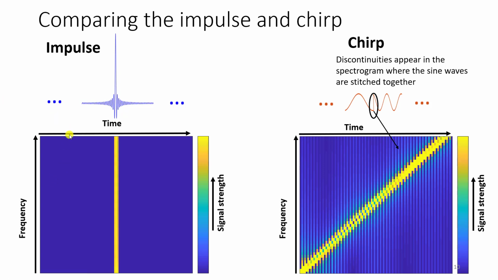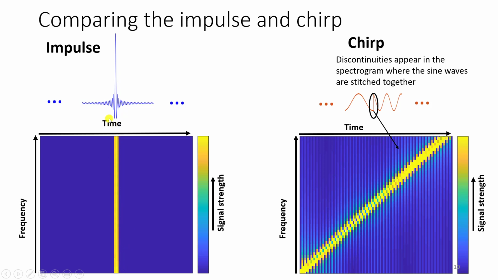For the spectrogram, we have frequency increasing vertically and time increasing horizontally. Each vertical column is a separate Fourier transform at a different time. And we see at the moment of the impulse, its Fourier transform spans all frequencies.